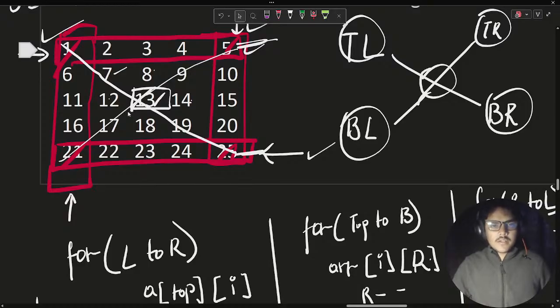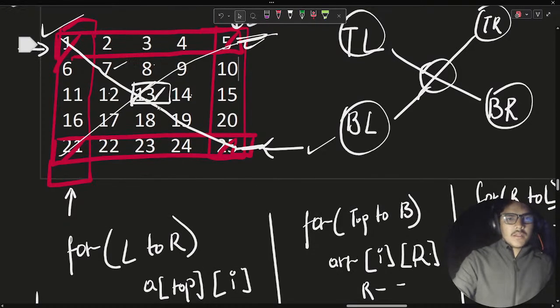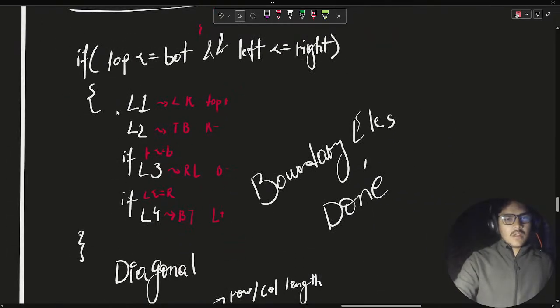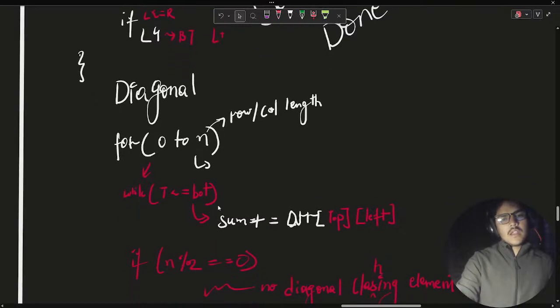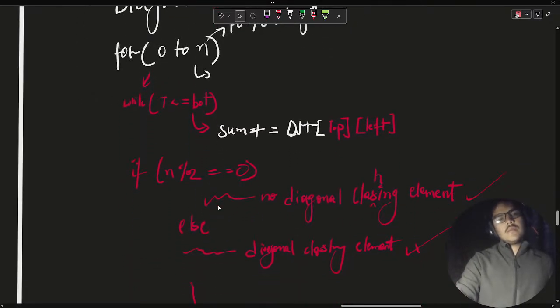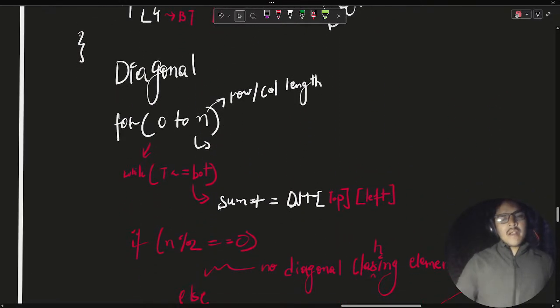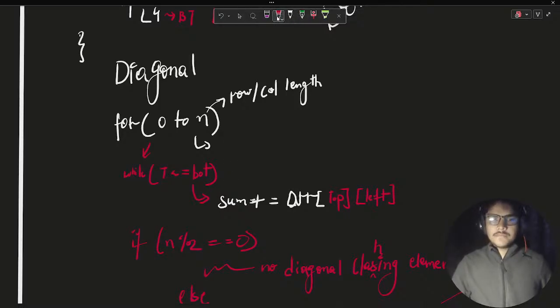And 13 will of course be a part of both the diagonals if it is an odd-sized array. So in that case we might want to add 13 only once. We were developing the condition for the diagonals yesterday. We were done with the basic boundary addition loop. After that came the diagonal part, and this was what we were doing.